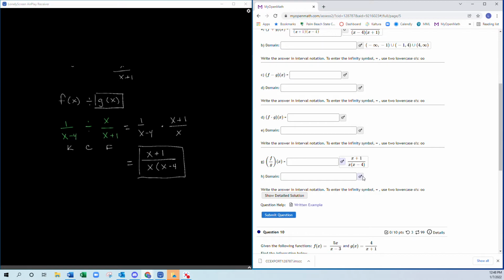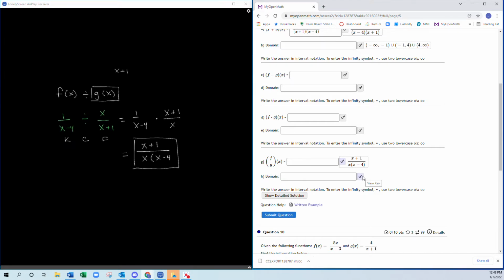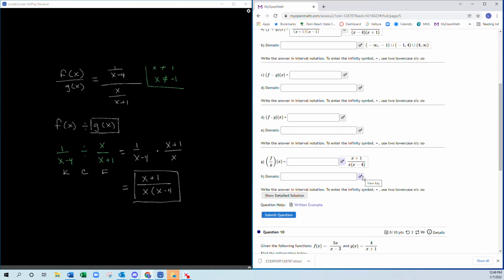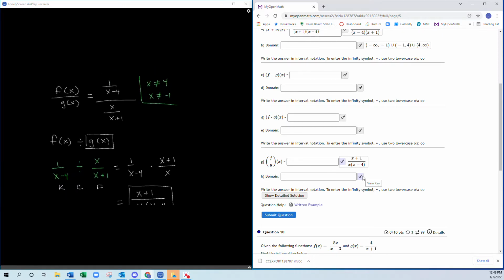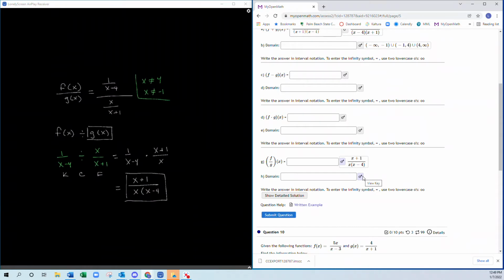Now, the domain we have to be tricky on. Let's talk about the domain for a second, because we cannot forget what we said in the very beginning. We had two limitations on it, from f of x: x cannot equal 4 and x cannot equal negative 1. But if I look down to my denominator, my new denominator has one more piece inside here, and that piece is that x out front.